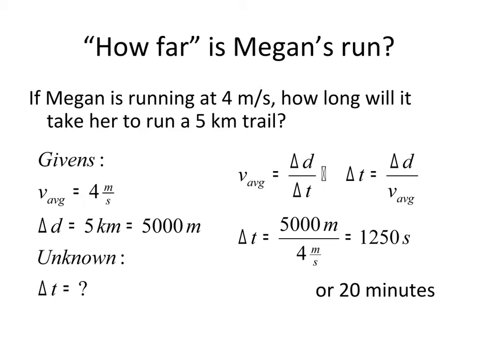And so we'll rearrange to get time by itself, because we want to get the unknown by itself. So delta t is equal to distance divided by speed. So time is equal to 5,000 meters over 4 meters per second, or 1,250 seconds, which is about 20 minutes when we convert.